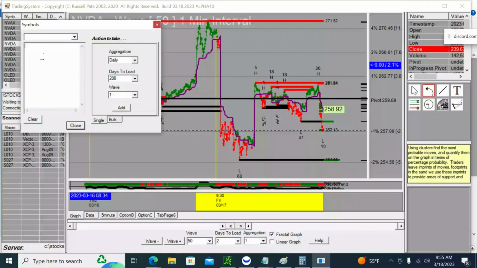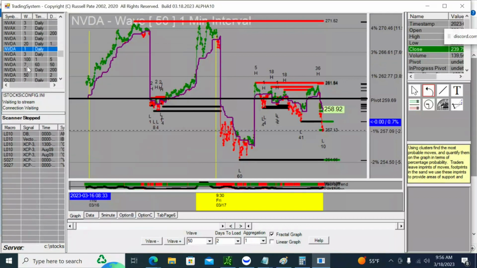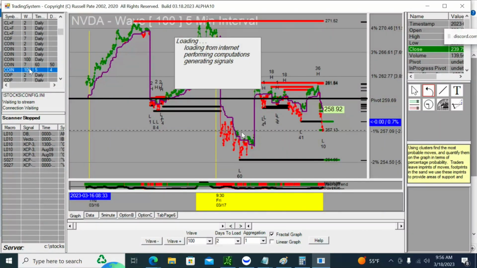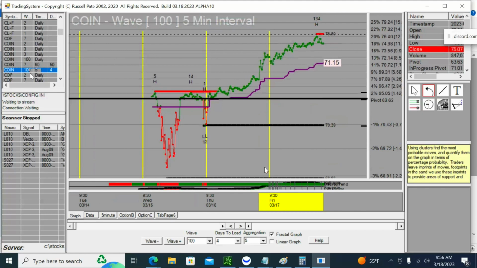You bring up COIN. So the 51, also the other one I like is 105. So what's this coin? 105. This one kind of lets it run a little longer.